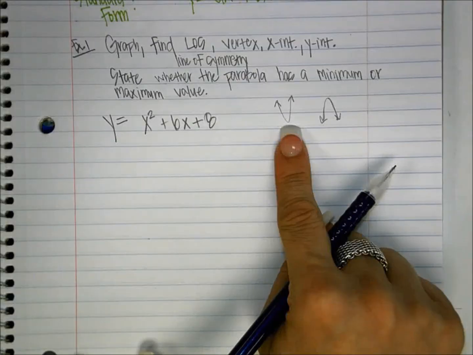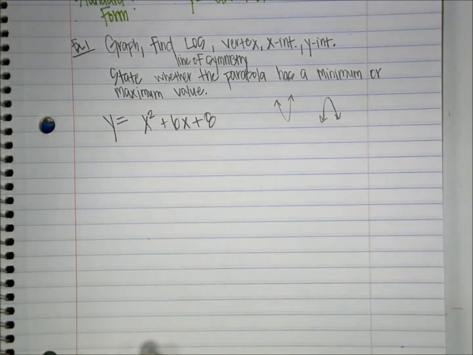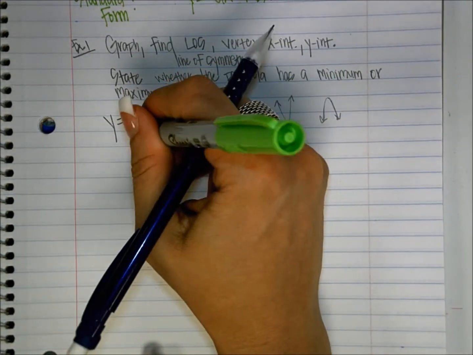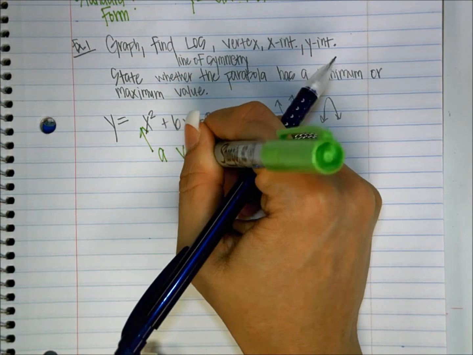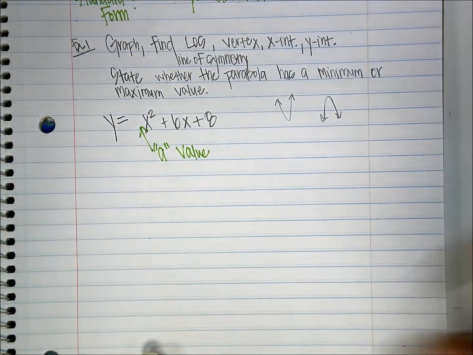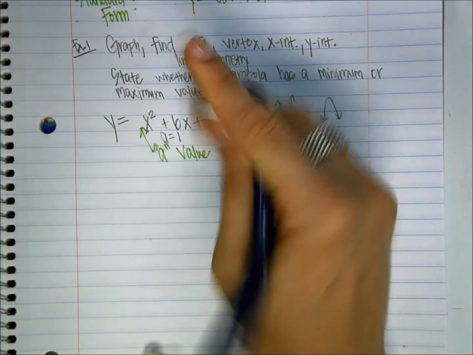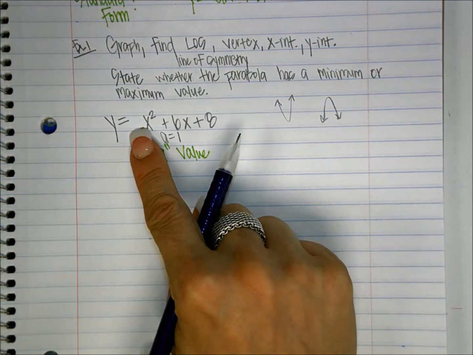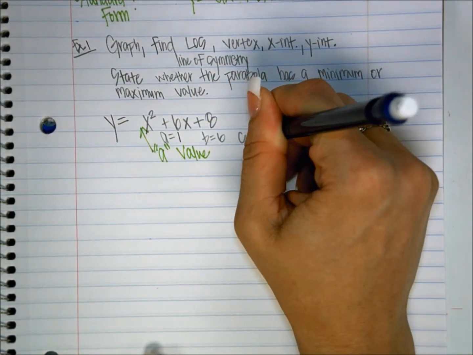Does anyone know why we can tell that it's going up? Because it's positive. Because its a value is positive. Okay, so remember the a value here tells you. Okay, so a value, what is the a value here? 1. Right. Okay, so if I labeled my a, b, c, a would be 1, so the number attached to the x squared is 1. b will be 6, and c would be 8.